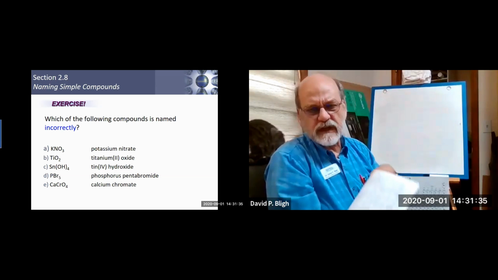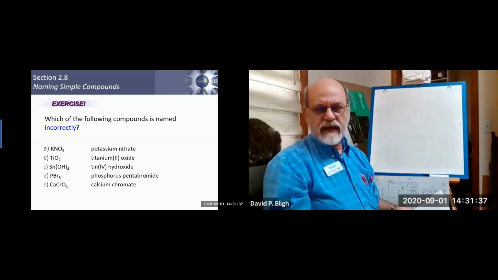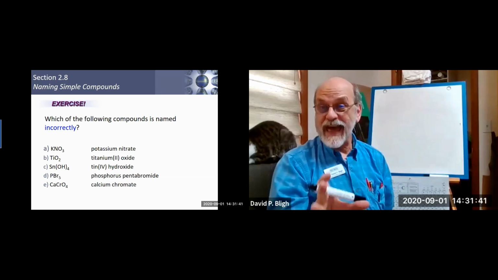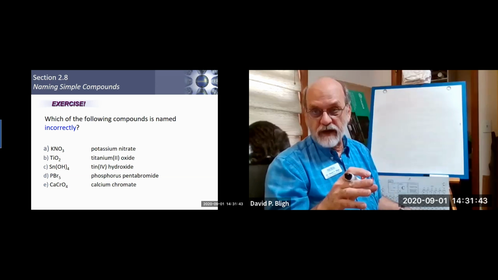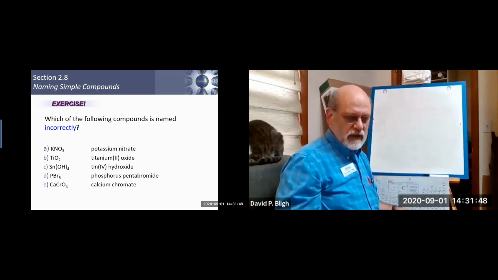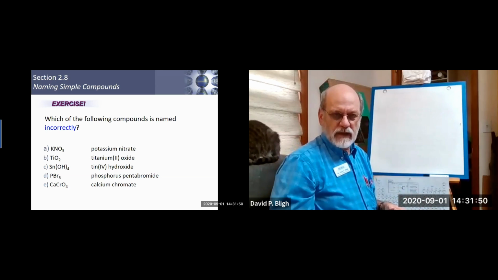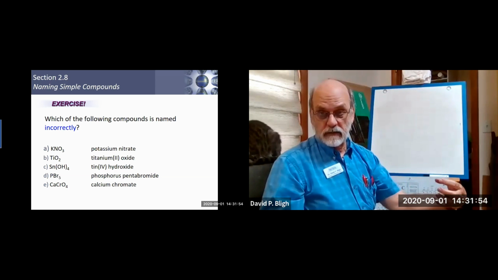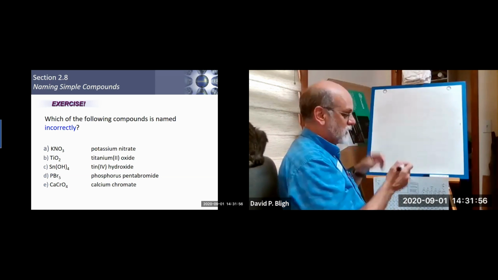Here's a naming convention we didn't cover, and that is waters of hydration. We have a lab that we do that for, but for naming the compounds, we haven't got to it yet. So what do you do if you've got a compound that has waters loosely attached to them? Waters of hydration.